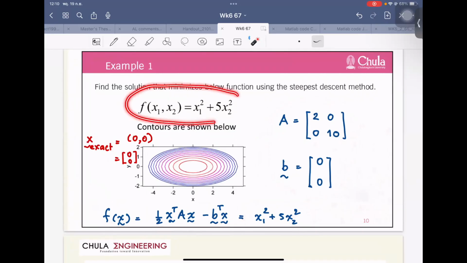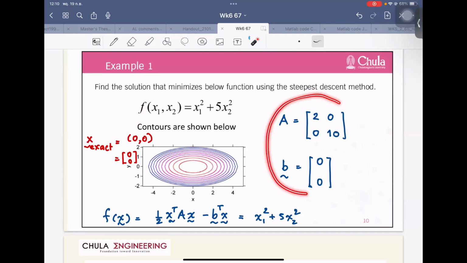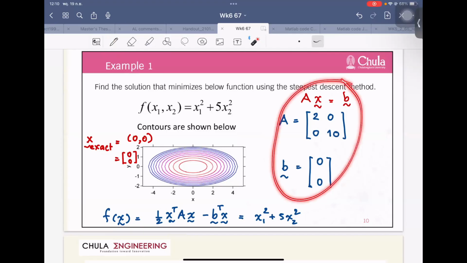If you do the minimization of f, the location of the minimized value of f will be the solution of the linear system Ax equal to b. Okay, what is the solution of this linear system?